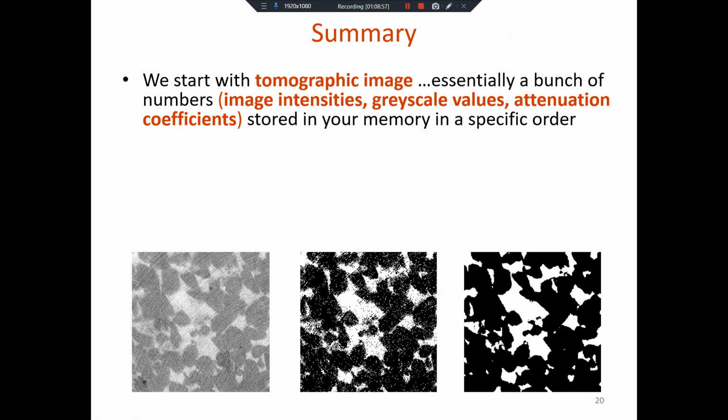So we start with the tomographic image, which is a bunch of numbers. They have their intensities, and they're stored in your memory in a specific order. Then you would like to identify who is who, and to do so in a manner that ignores noise.